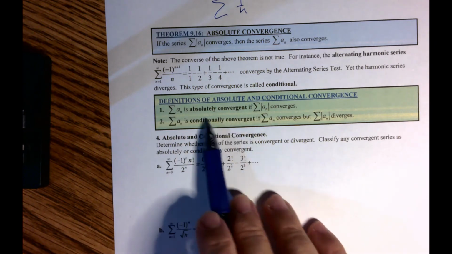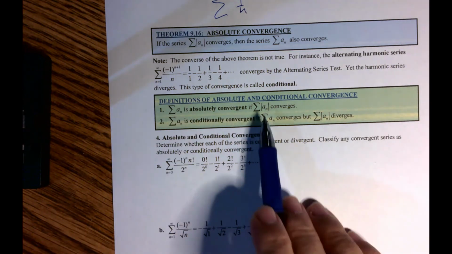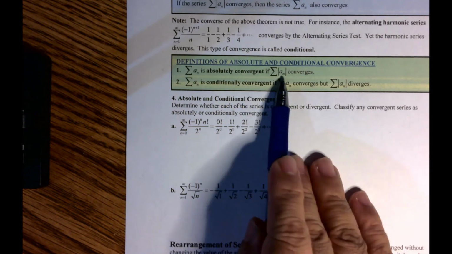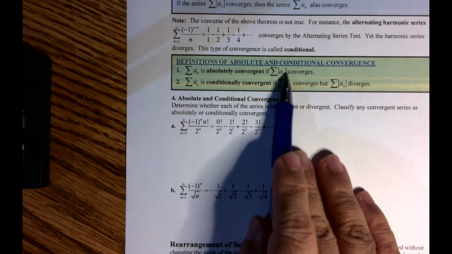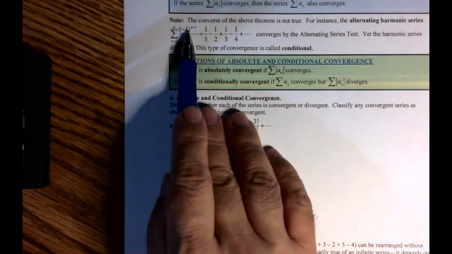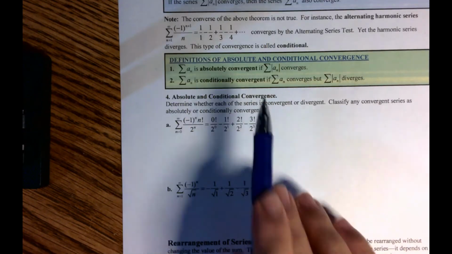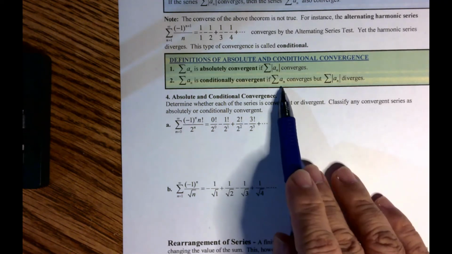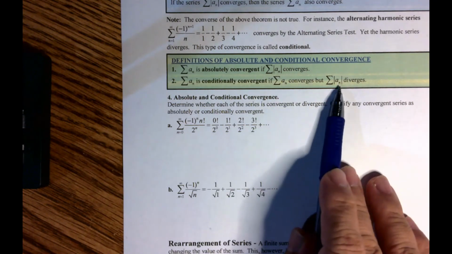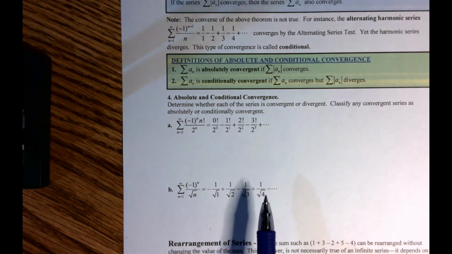But if you take the absolute value of that alternating series and it still converges, then it's absolutely convergent. Okay? So basically, if you take the absolute value of the terms of the sequence, and I'm including the -1 here, so this a sub n includes the -1, if you take the absolute value and it converges, then it's absolutely convergent. But if the alternating series converges, but when you take the absolute value it diverges, then we say it's conditionally convergent. Okay, that's what that is.